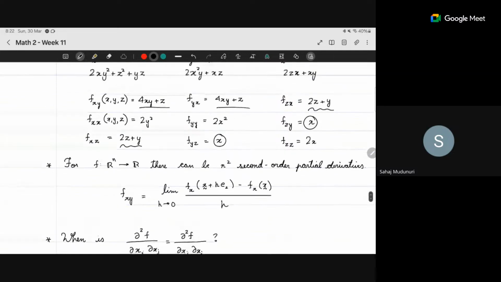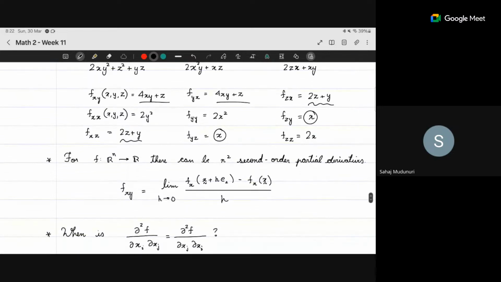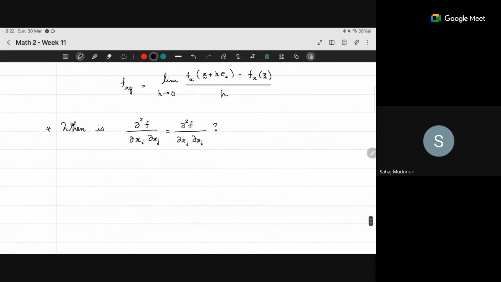So in this example, you see that this happens for everything. For x and y it happens, for x and z it happens, for y and z it happens. So there is some sort of symmetry, right? The answer to when this condition actually holds is the content of Clairaut's theorem.